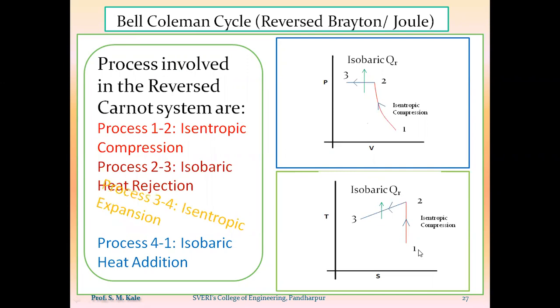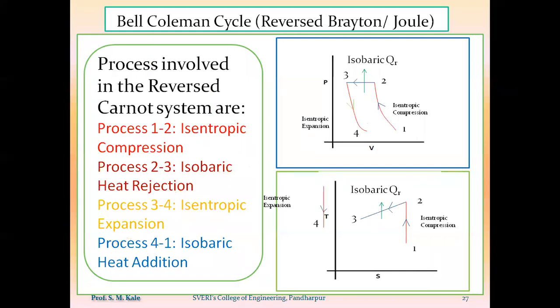Then the next process, 3 to 4, is the isentropic expansion process, which occurs inside the expander. It will be drawn likewise as the 3 to 4 line on the PV diagram and on the TS diagram. Whatever the outlet of the isentropic expansion is, that is our air as a refrigerant.